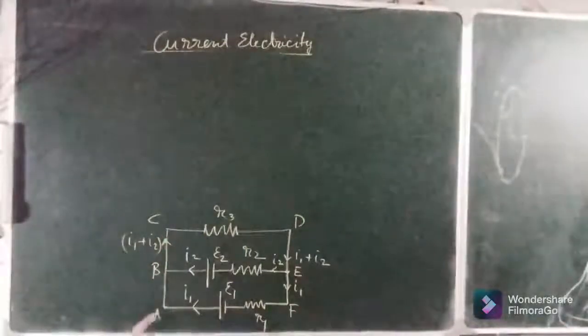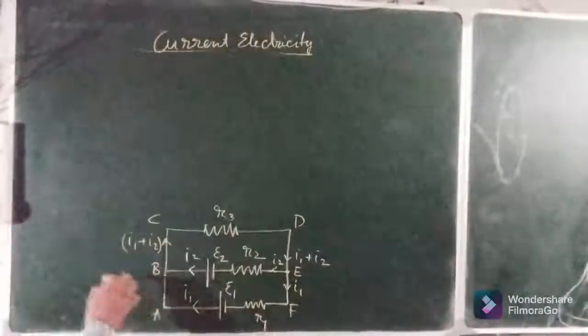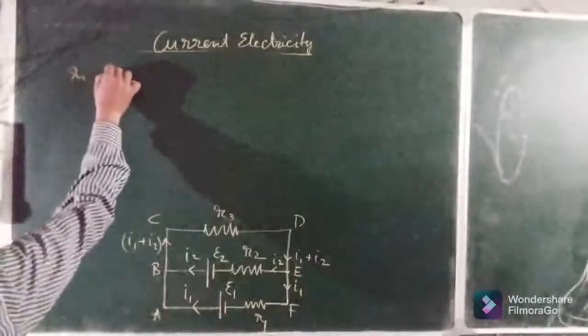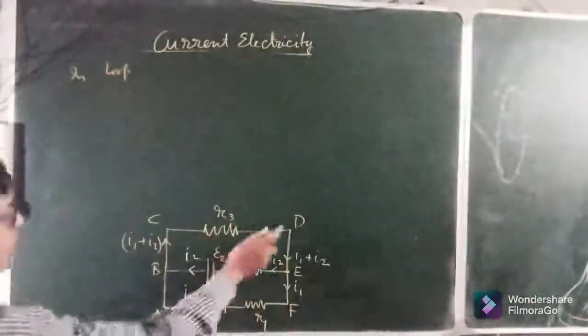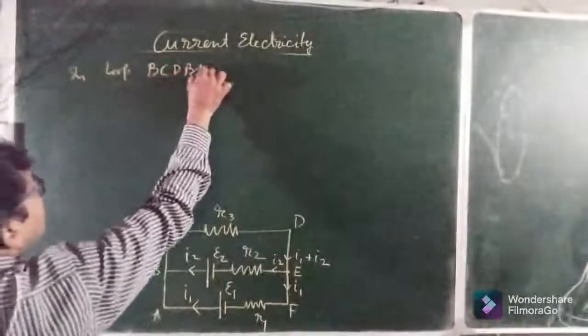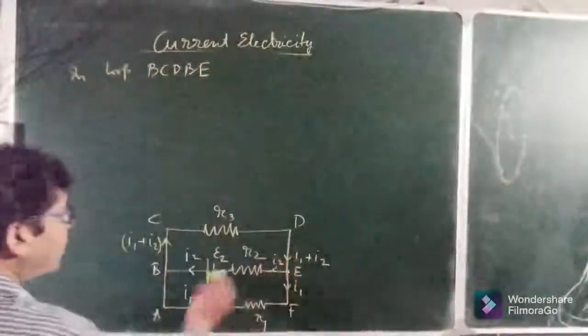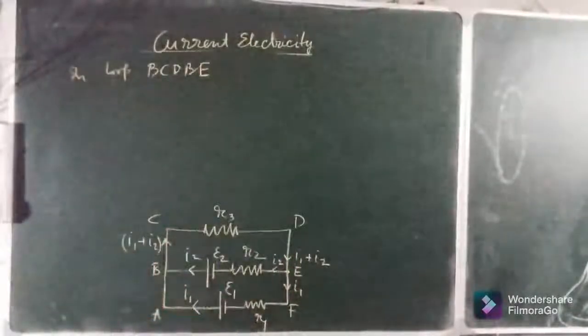When you take this loop, in loop B, C, D, E, B, you have to complete the name up to the starting point.